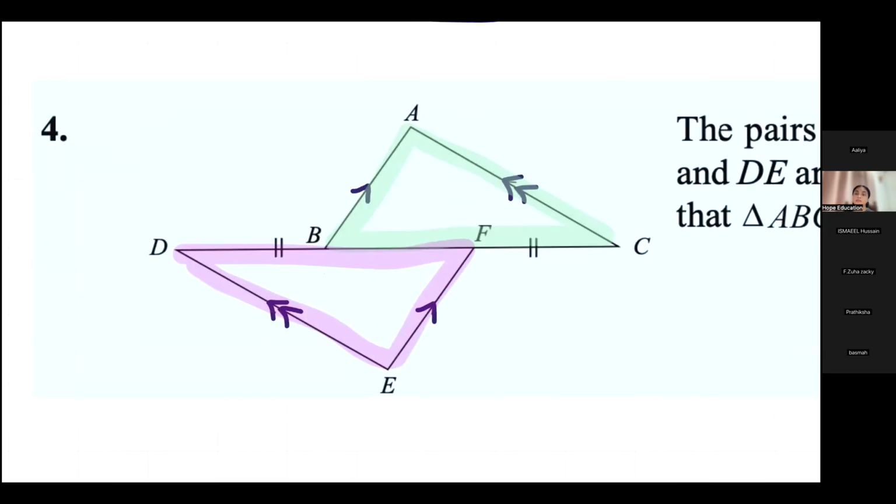You tell me. ACB equals EDF, alternate angles. Okay. ABC equals EFD, alternate angles. Okay. Others? AC equals DE given, ACB equals EDF alternate angles on parallel lines, ABC equals EFD alternate angles on parallel lines.